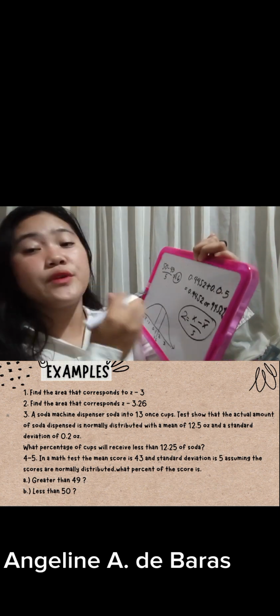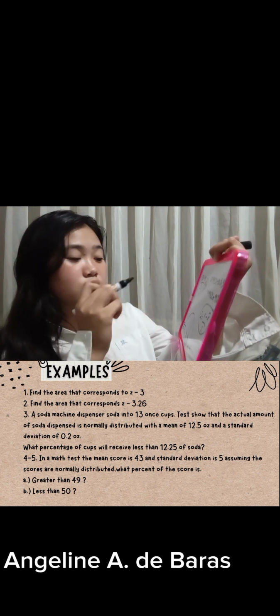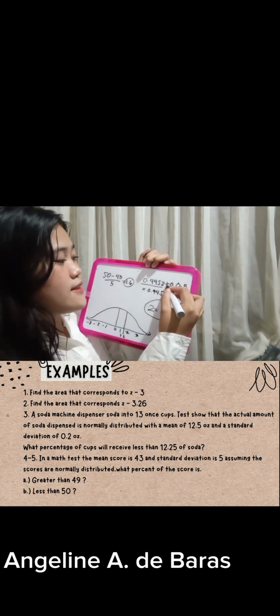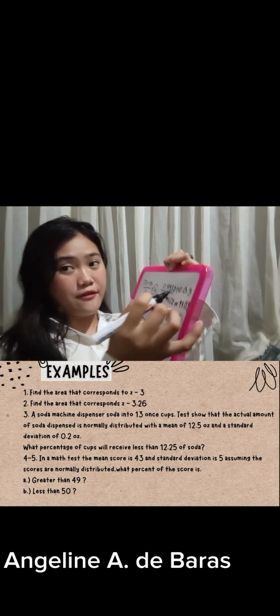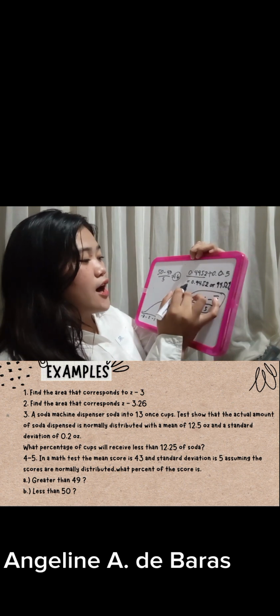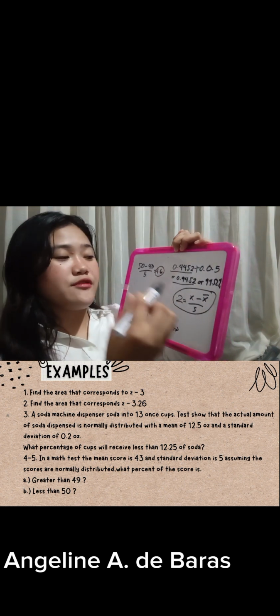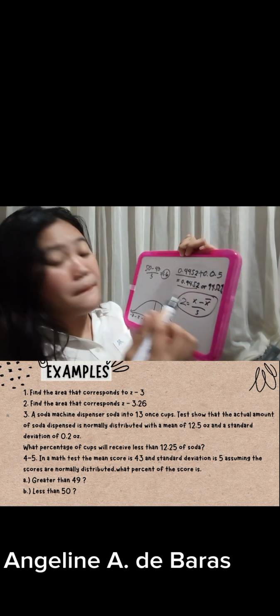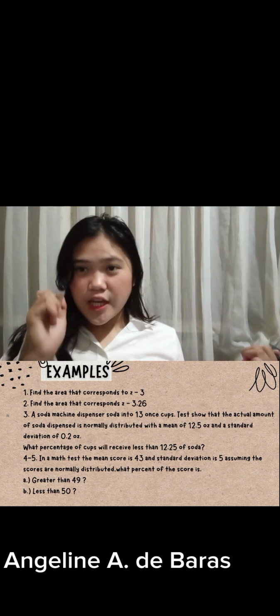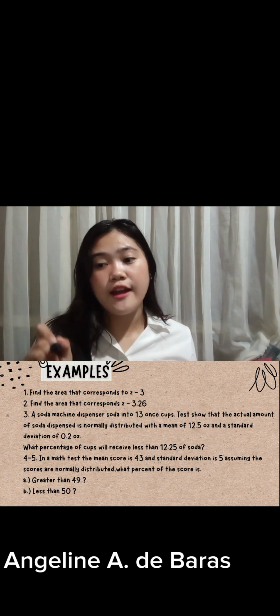And when we look at this in our z-score table, we get 0.4452. And we need to add this to 0.5, and we have the answer of 0.9452 or 94.52%. Therefore, 94.52% of scores are less than 50.